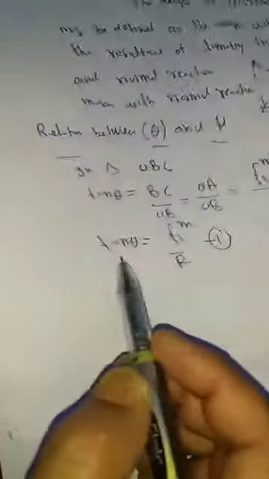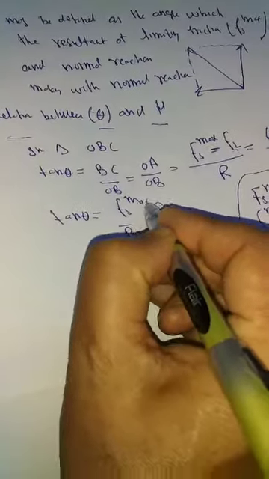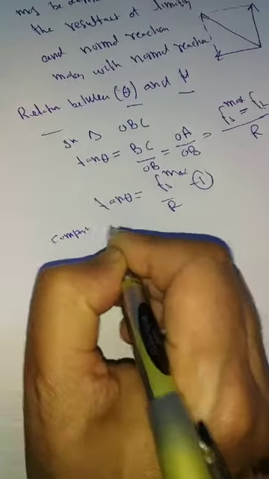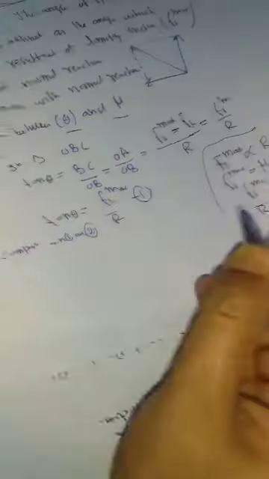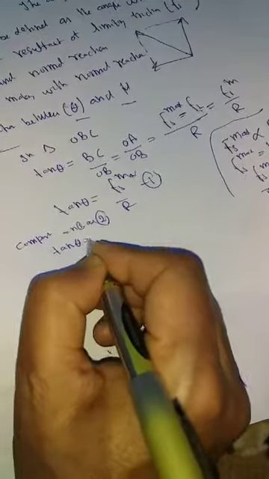Comparing equation first with equation second: tan theta is equal to Fs max divided by R, and Fs max divided by R is equal to mu s. When we compare these two equations, we get tan theta is equal to mu s.